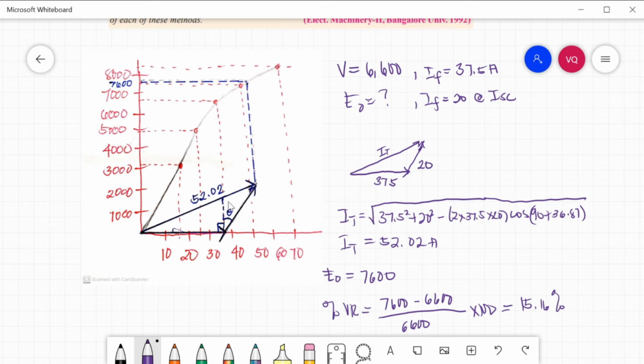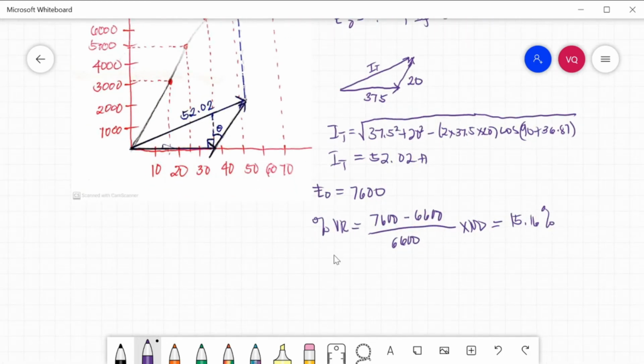Now reflecting this 52.02 in our OCC curve, we will get an open circuit voltage equivalent to 7,600 volts. So EO, no load voltage, will be 7,600. So percent voltage regulation now will be 7,600 minus 6,600 divided by 6,600 times 100. So that is 15.16%.